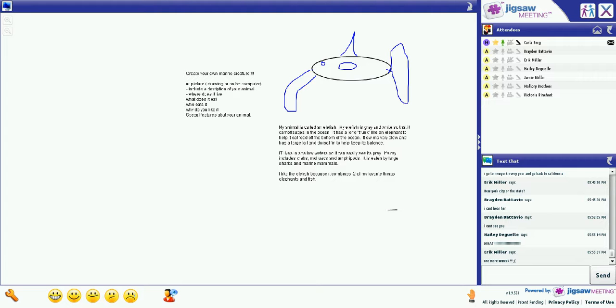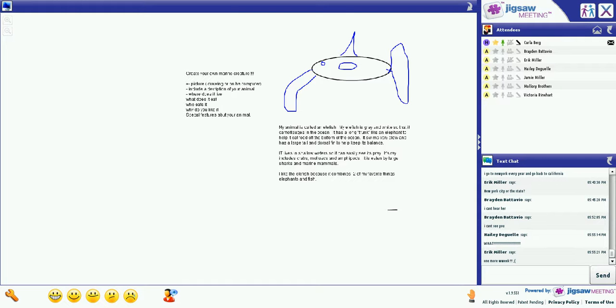Your homework assignment is on the left-hand side. It says create your own marine creature. We have talked about all different types of marine creatures. We have talked about sharks, seals, sea lions, whales, sea turtles, bony fish, invertebrates.